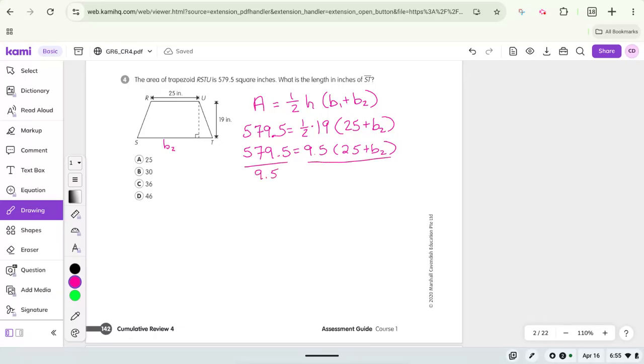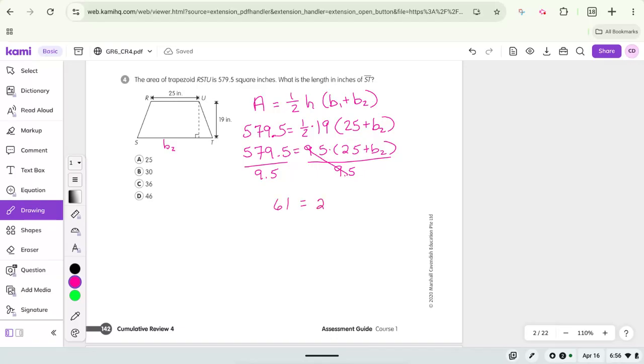Back to those solving equations skills. Now the reason I'm dividing both sides by 9.5 is because 9.5 is multiplied by the sum of the bases, and I want it to go away. Now, I used my calculator to divide 579.5 by 9.5, and I got 61.